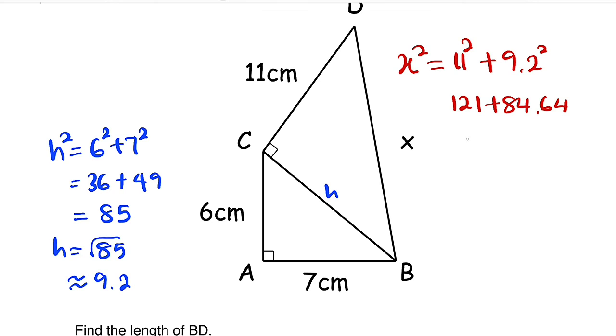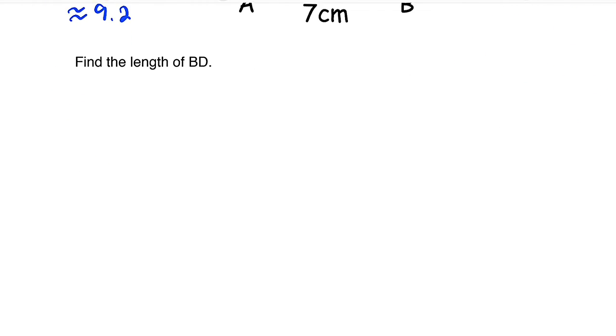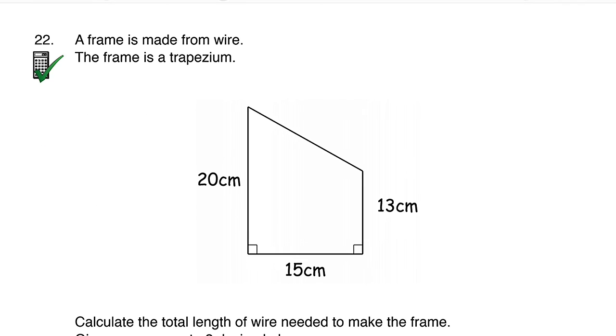This will give us 205.64. Then finally, x will be equal to the square root of 205.64, and this is equal to 14.3 centimeter to 1 decimal place. As simple as that. Moving on to question number 22.